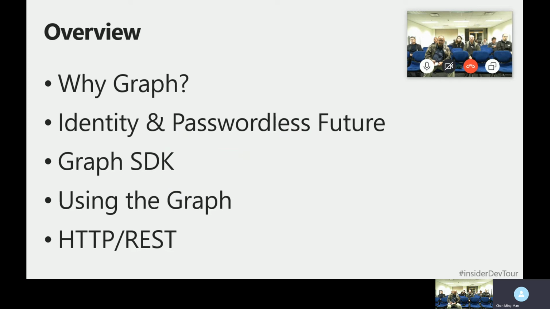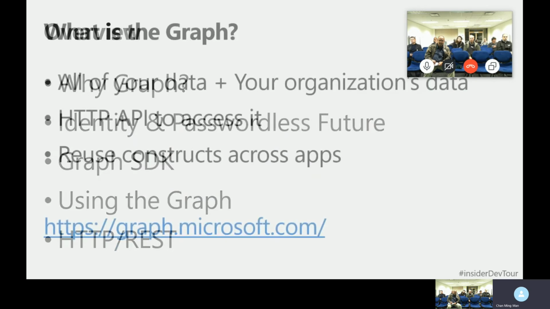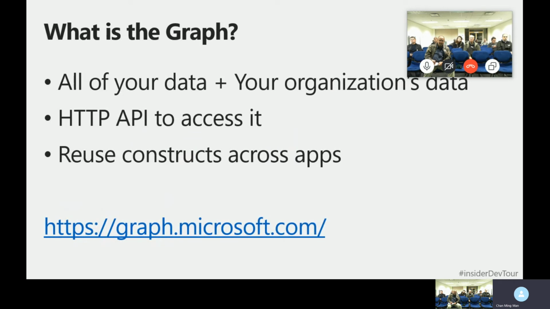I will talk a little bit about REST and Postman later on. If you don't use Postman, then it's okay. So Graph basically will have all your organization data, and it's an HTTP API, or you can use C Sharp. I'm going to use C Sharp.